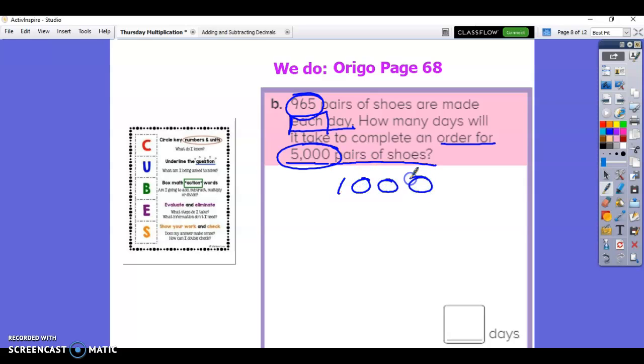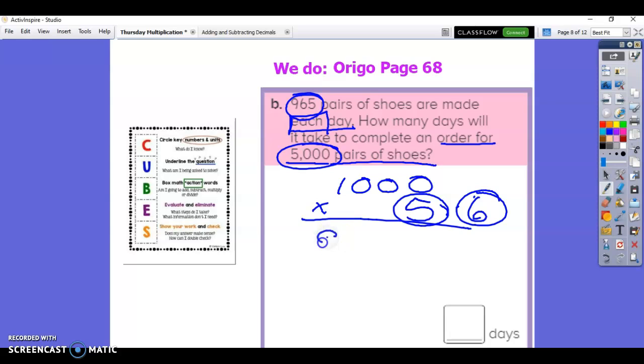So what times 1,000 would give you 5,000? So I would think, okay, that is 5. This is rounding up, so I'm going to use the number 6, because if I do 5, I won't get enough for 5,000 because I rounded up.